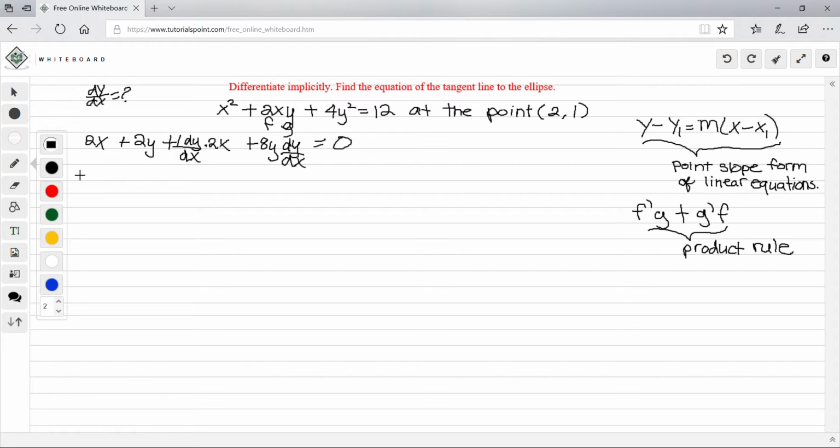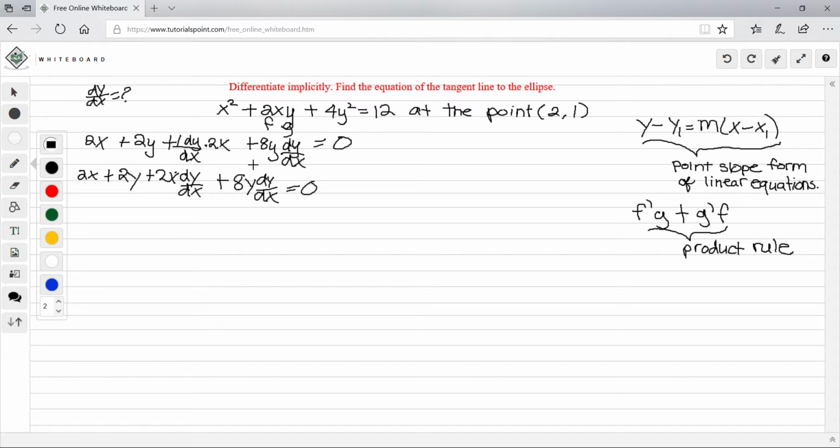Let's clean this up. So I'll bring down 2x plus 2y, and then plus 2x dy/dx, plus 8y dy/dx, equals 0.